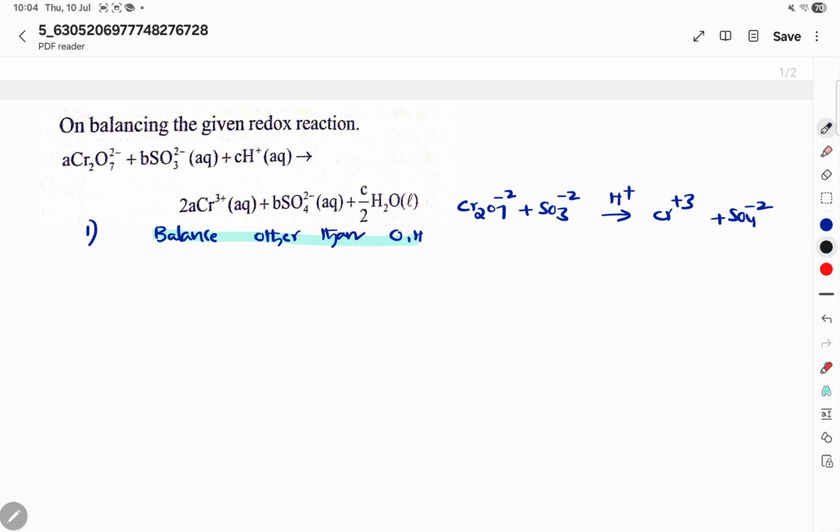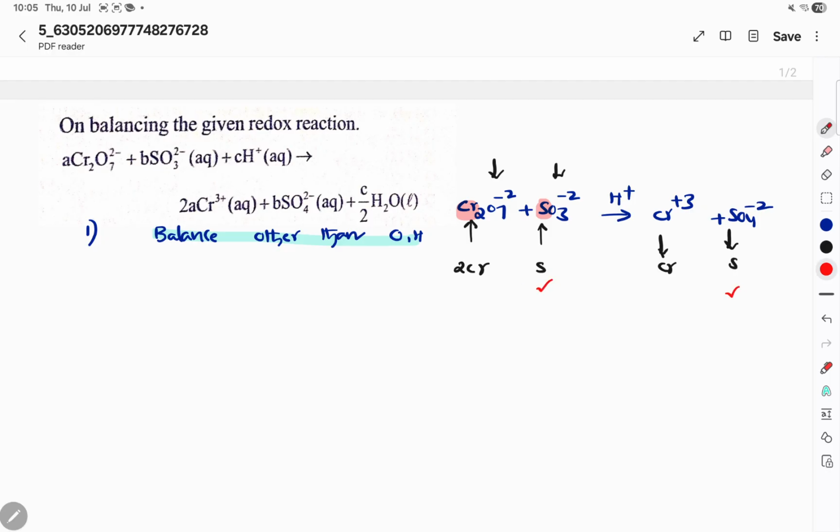In this ionic equation, on the left hand side you take the reactants. Here you have 2 chromium atoms and 1 sulfur atom. Other than oxygen and hydrogen, you have to check the atoms. On the right side there is 1 chromium atom and 1 sulfur atom.